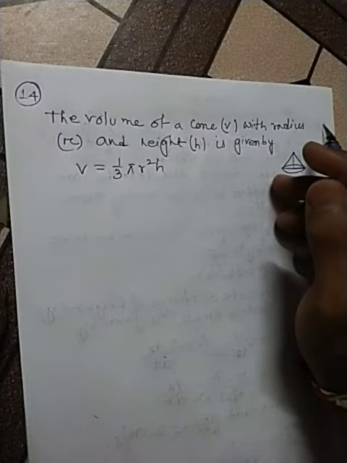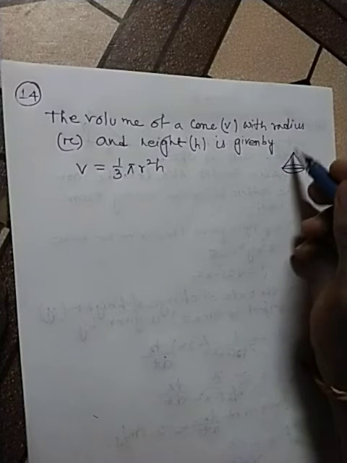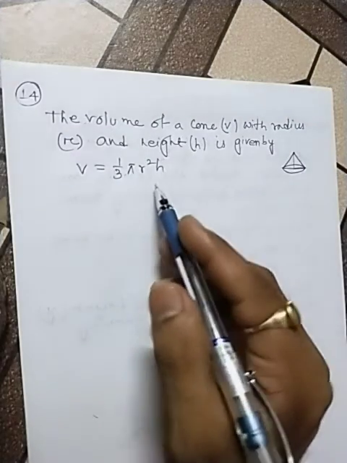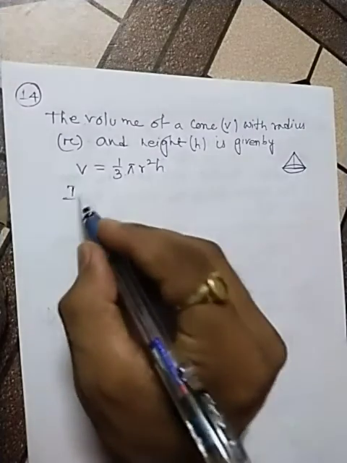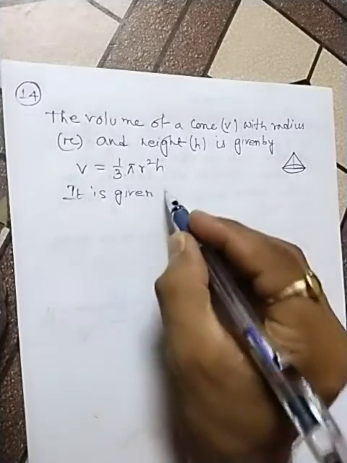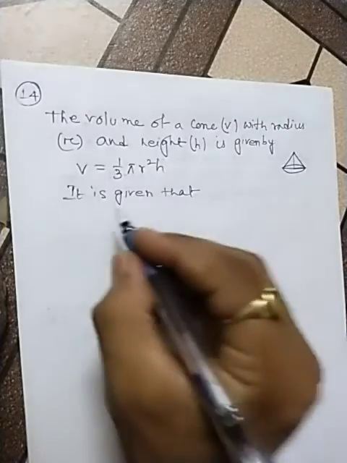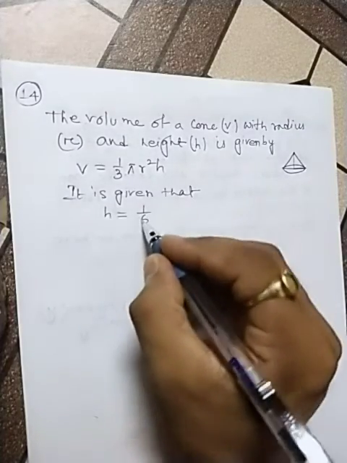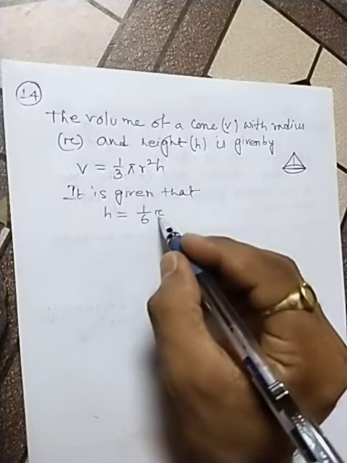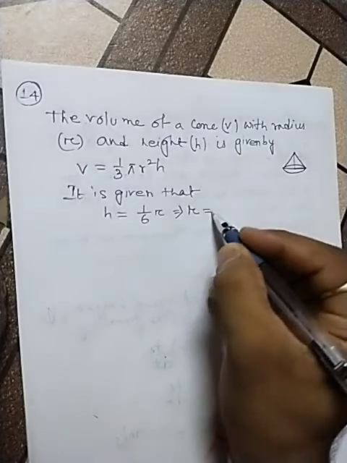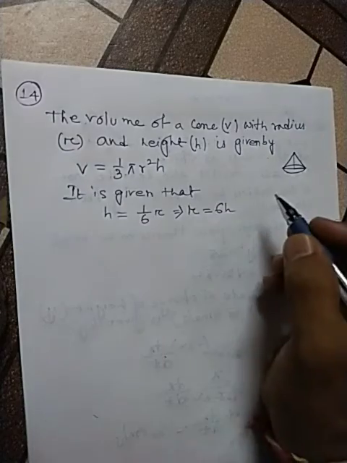Also it is given that the height is 1/6 of the radius of the base, so h equals r by 6. So r equals 6h.